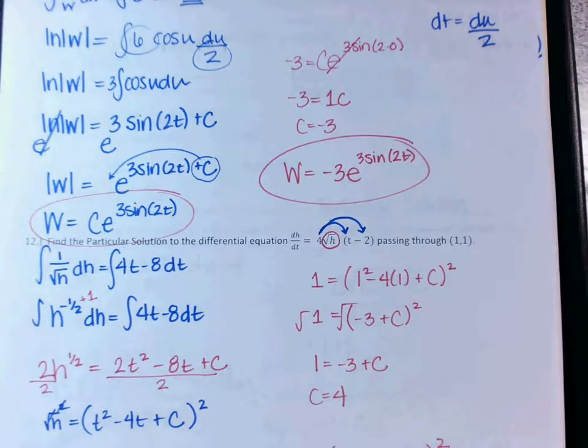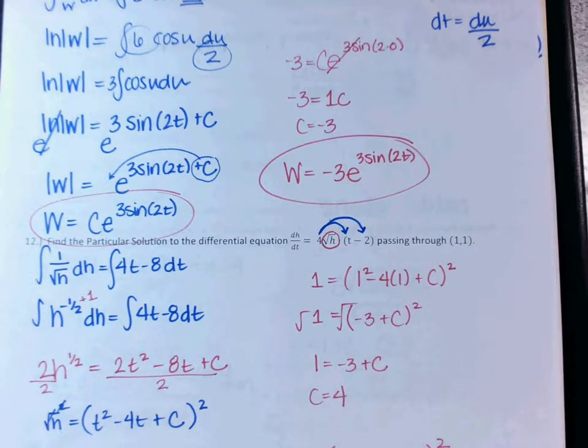Here's the thing about your c. Since you don't know what it is, e to the c is still an unknown, because we don't know what c is. So then you can be like, okay, well, I'm going to call all of that now c, and I'm just going to write it to the front. C is 3 sine 2t. Now, if you like this better, you can do that, but you'll have to go with plus or minus in the front, and your c will come out to be a different answer than mine.